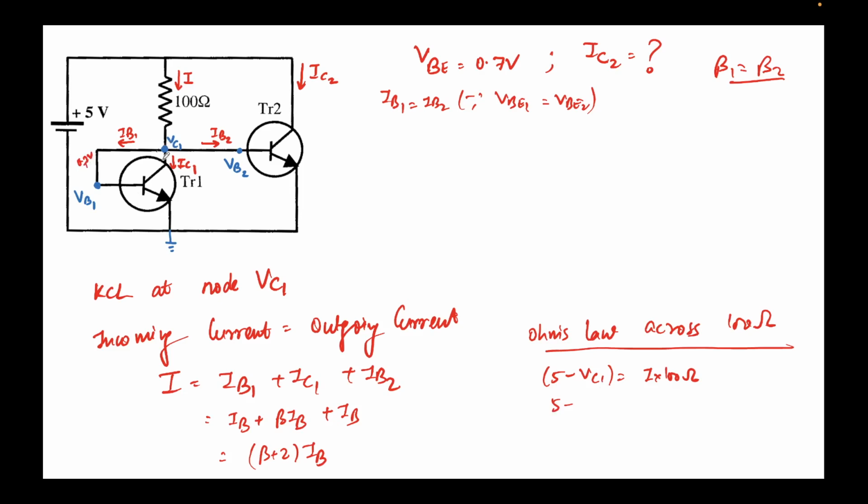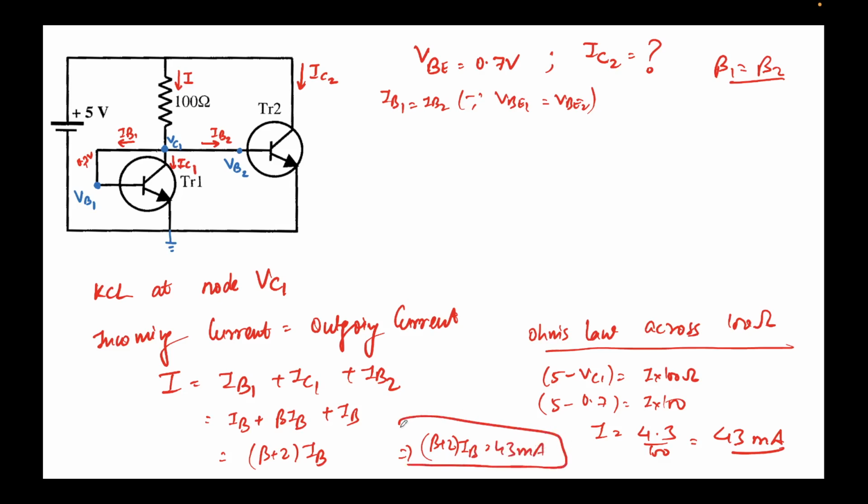And this is the same node as this, so VC1 will also be 0.7, equal to I times 100. This will give me I equal to 4.3 over 100, which is 43 milliamps. So I get I equal to 43 milliamps, right? So if I put this over here, I get beta plus 2 times IB equal to 43 milliamps. This is the expression that we have obtained.